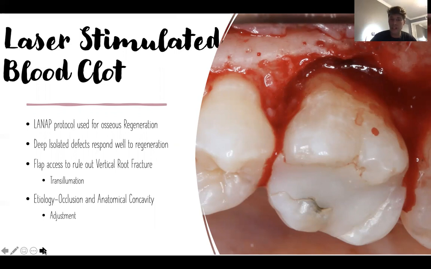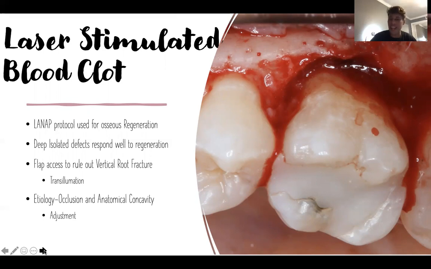Blood clot stimulation and removal of the diseased epithelium and the bacterial invasion, all part of the LANAP protocol, was followed. The one thing that I really took away from my LANAP training, one is the etiology, and two, occlusion.